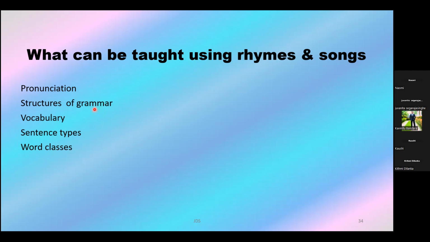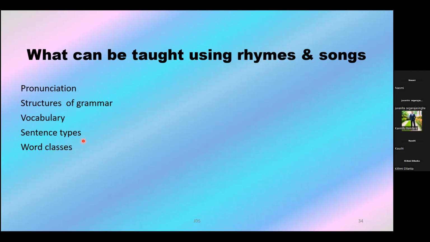So it depends on the song that we have chosen. Vocabulary, definitely words. There will be multiple words that the child will learn related to a particular topic. Clothes means different names of clothes. Sports means different sports or equipment related to sports.